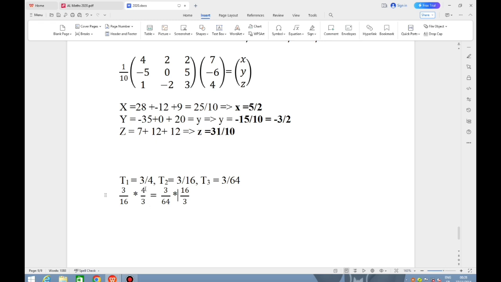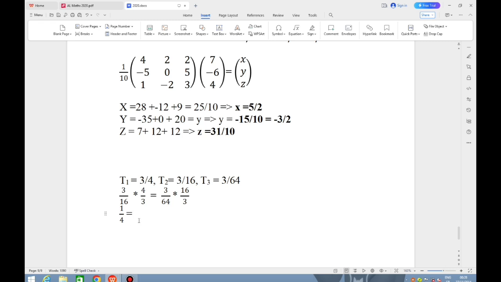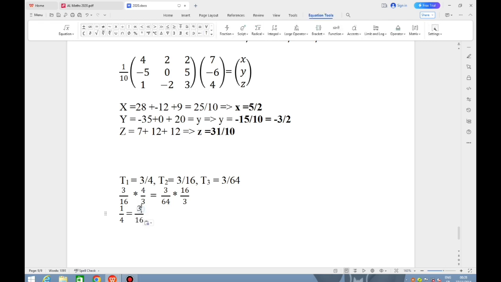Now if you do the multiplication, 3 cancels 3, 4 cancels 16 4 times, so that's going to be equal to 1 on 4. And T2 divided by T1 is 3 on 16 times 4 on 3, 3 cancels 3, 4 cancels 16 4 times, so that's 1 on 4 as well.